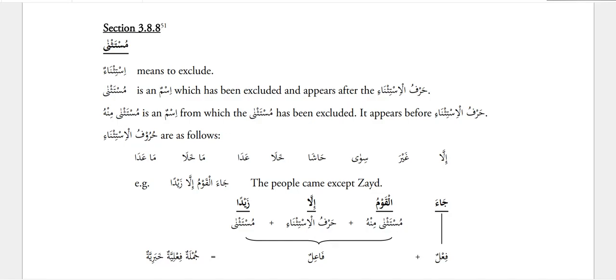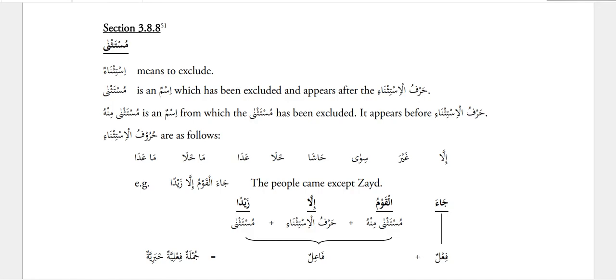Most of the rules of mustasna are applied in poetry actually. So there are a lot of things discussed in this chapter, but I'm going to narrate and explain the few basic things about mustasna, and that is enough for you to understand, and it will be helpful while reading and solving the books, inshallah.